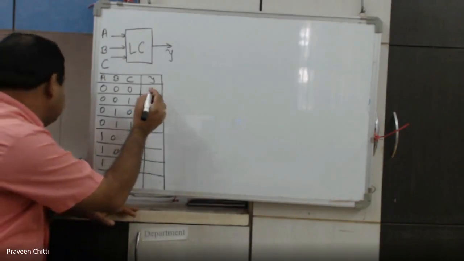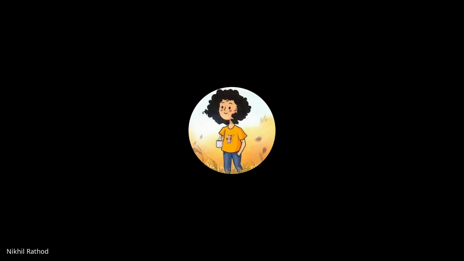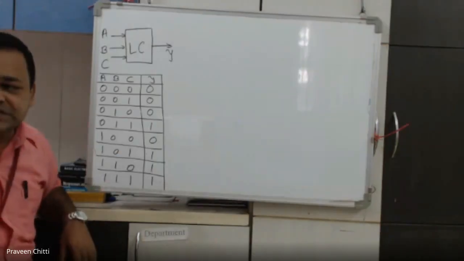So the outputs are: first case 0, second 0, third 0, fourth 1, next 0, next 1, 1, 1. I hope the statement and the truth table are clear.